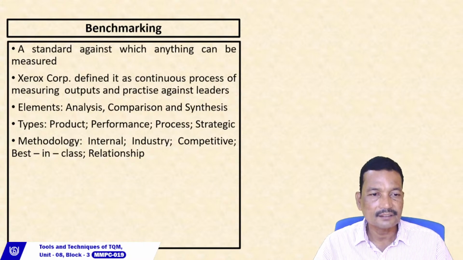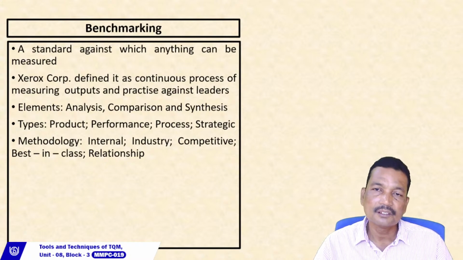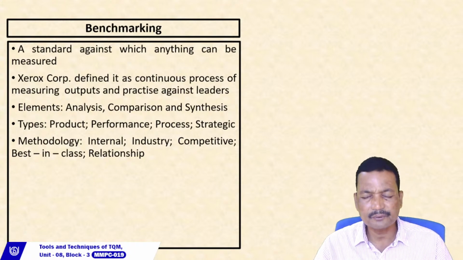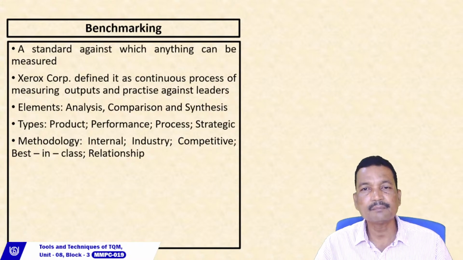Then finally, we can have relationship benchmarking. What is relationship benchmarking? Suppose, think of a company which is producing the same product as us. Like, let us take the example of earlier days for motorcycles, Hero was a company, Honda was one of the industry leaders in the motorcycle segment.